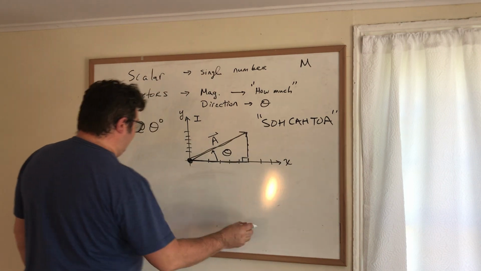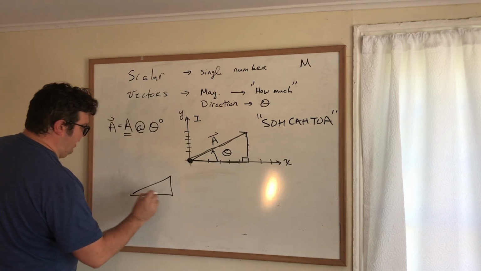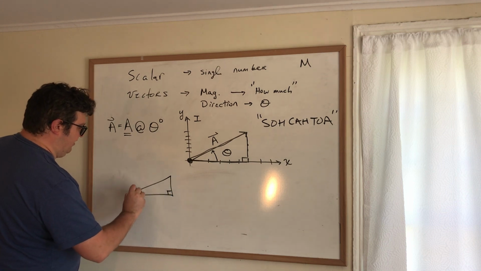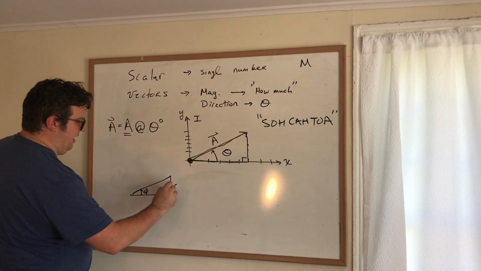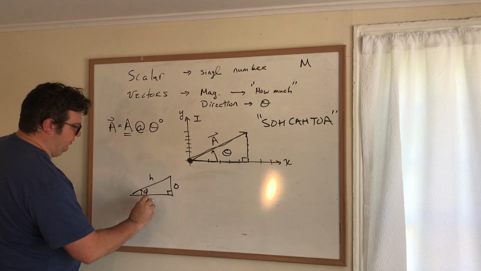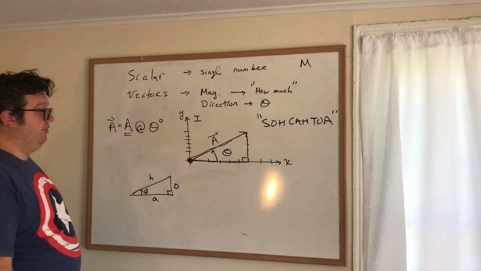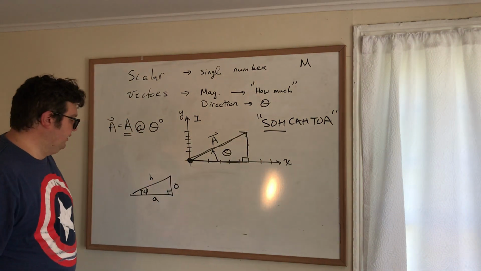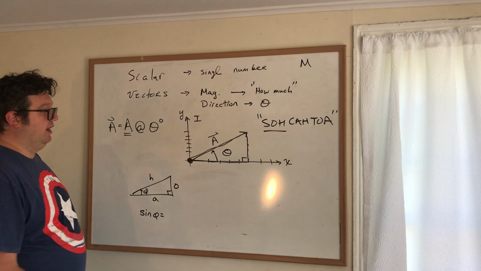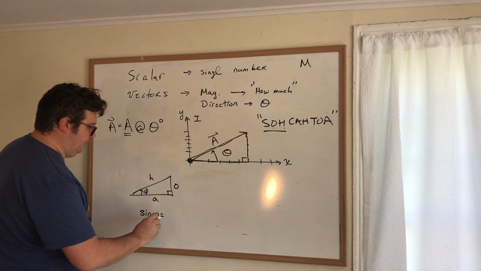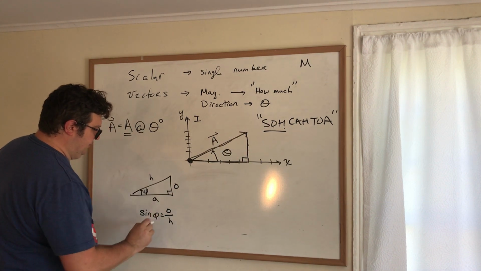You know that if I have a right angle here, and this is my angle phi, and I have the opposite, the hypotenuse, and the adjacent, the SO is going to be the sine of phi is equal to the opposite over hypotenuse, right?